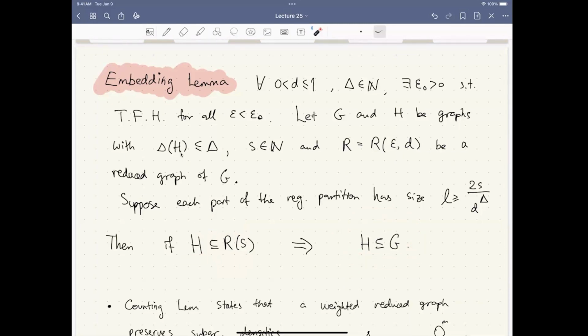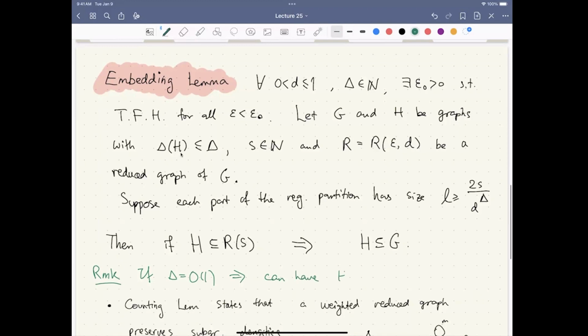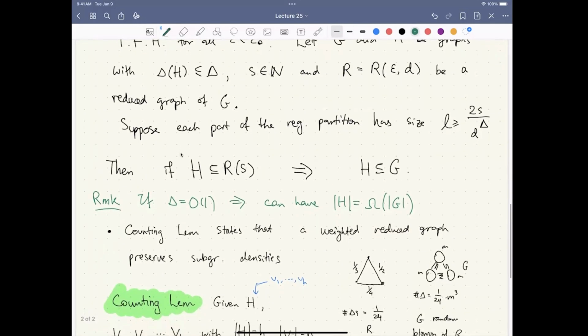And here, if the graph H you want to embed has bounded degree, this is the important remark. If delta is bounded, then we can have the order of H to be linear in the order of G. We can embed a really large graph, linear in the size of the host graph.